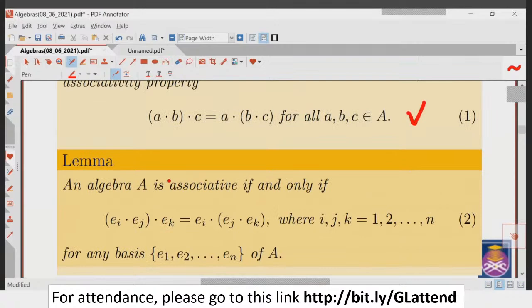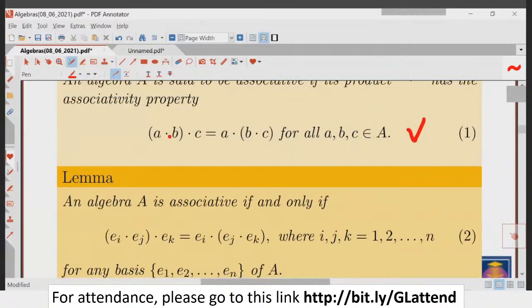How to get it? If for any basis vectors you have this, then it is easy to see why the condition holds: by linearity you expand the elements with respect to this basis, and compare coefficients of basis vectors on this side and on this side. You will get the condition from here to here.